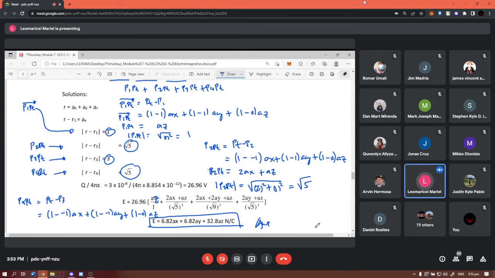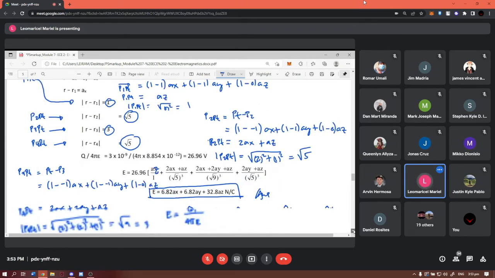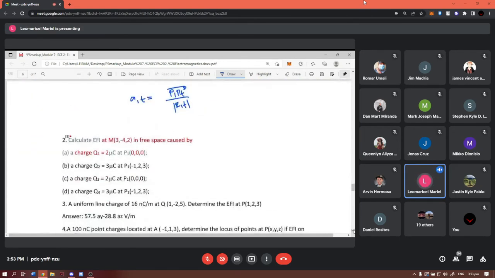Katulad ng problem number 2, which is your assignment. Yung question, meron siyang Q1 na 2 microcoulombs sa point P1 na (0,0,0). Yung charge 2, 3 microcoulombs, nakalocated sa P2.